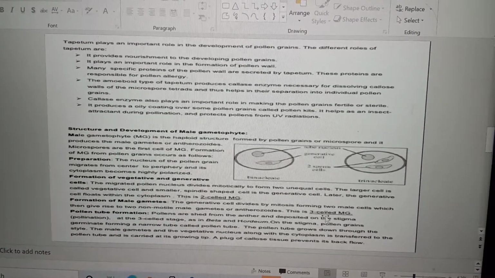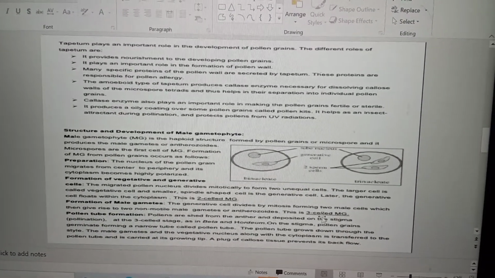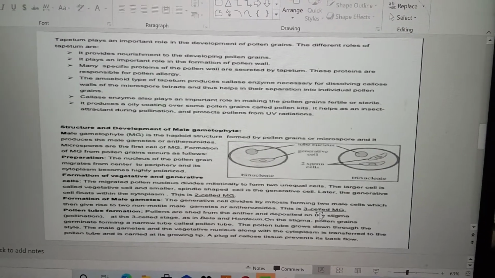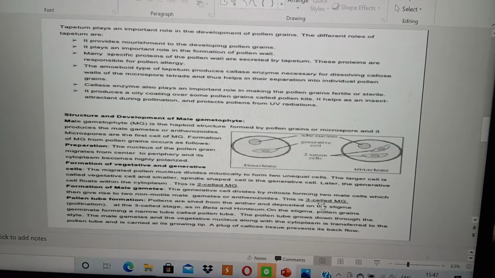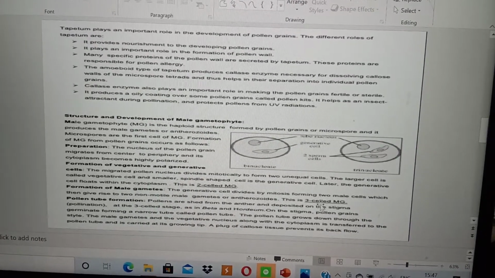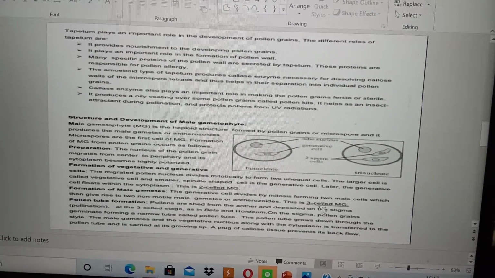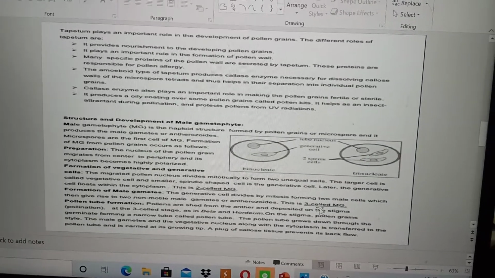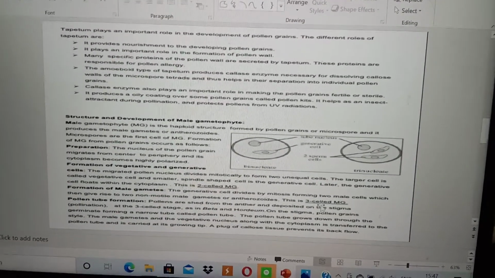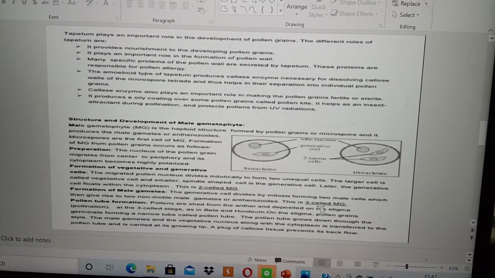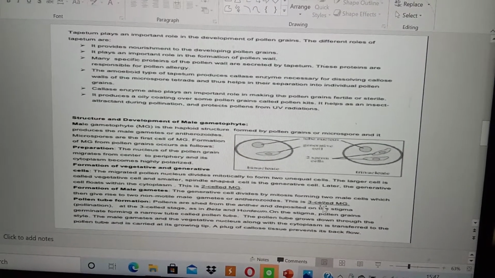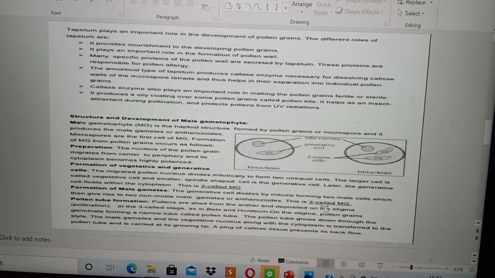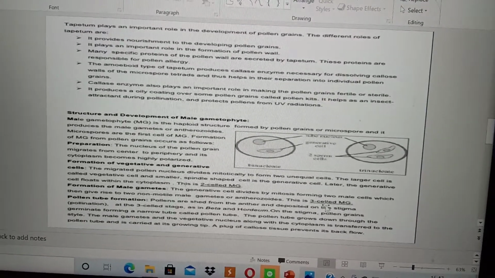In 60% of the angiospermic families, it is shed at the two-celled stage, meaning one vegetative cell and one generative cell. But in 40% of the angiospermic families, the pollen grain is shed at a three-celled stage, meaning it has a vegetative cell and two male gametes, as the generative cell further divides to form the two male gametes.